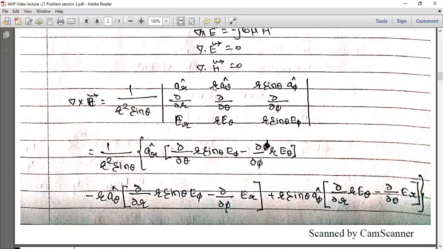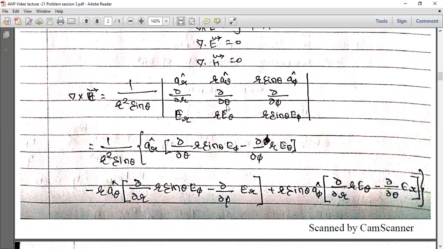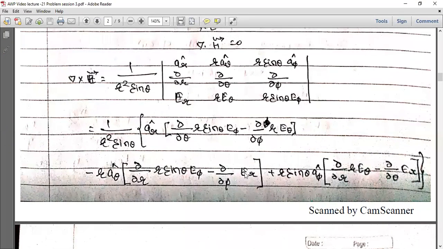In the theta direction we place a minus sign, minus r a_theta, and then leaving the middle column we have del by del r of r sine theta E phi minus del by del phi of E r. Plus the third component, r sine theta a_phi, multiplied by del by del r of r E theta minus del by del theta of E r. Since E r is 0, these two terms will be 0.